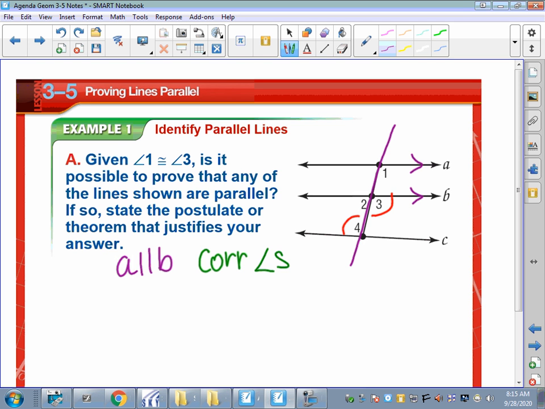But if angle 3 is congruent to angle 4, those guys are alternate interior angles, so I would write that down, and then I would say, well, then B and C have to be parallel because those are the other two lines that make up angles 3 and 4. So remember, we have to be kind of skeptical in geometry, even if it doesn't look it. If it says it, then I can use those postulates or theorems.